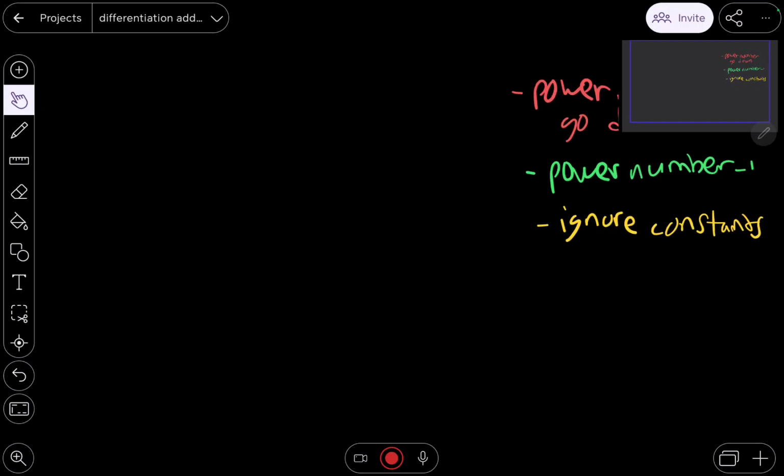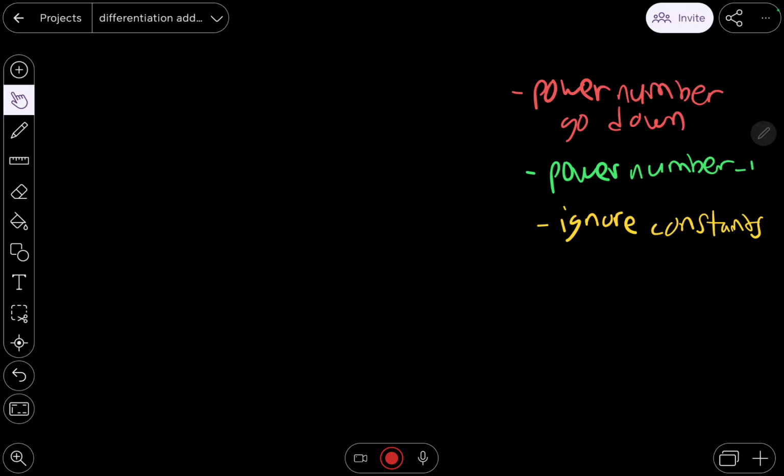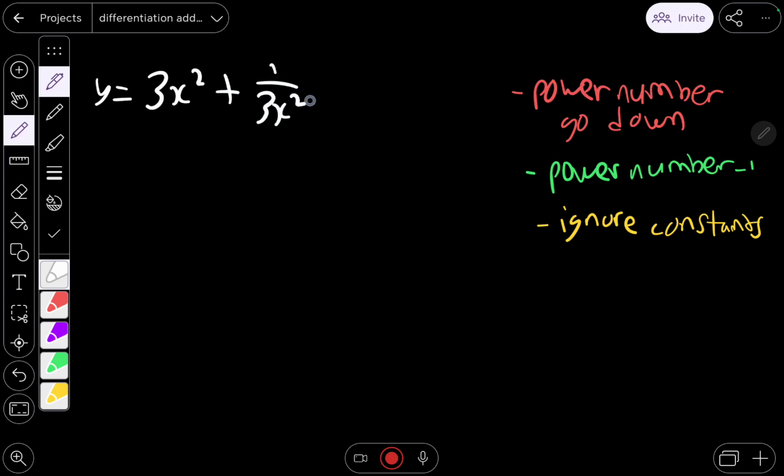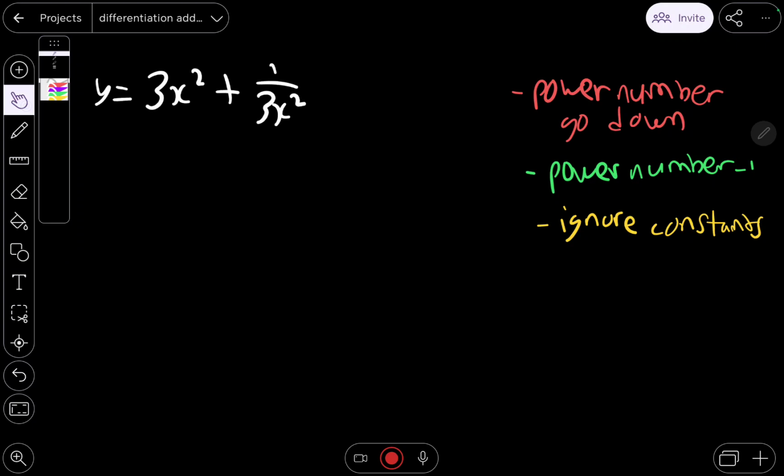So let's begin with another tough question. Differentiate the following with respect to x. y is equal to 3x squared plus 1 over 3x squared.